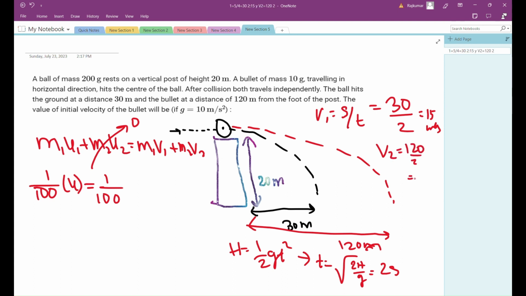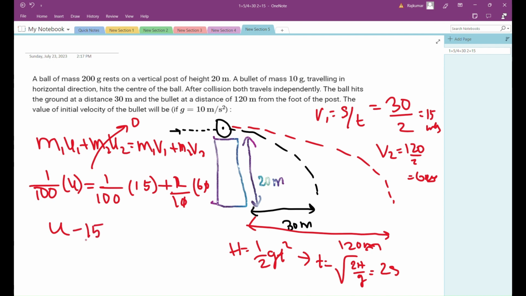Okay, so this will become 15 plus 1 by, this will become 2 by 10 of 60. So here the 0s cancel. So u minus 15 by 100.